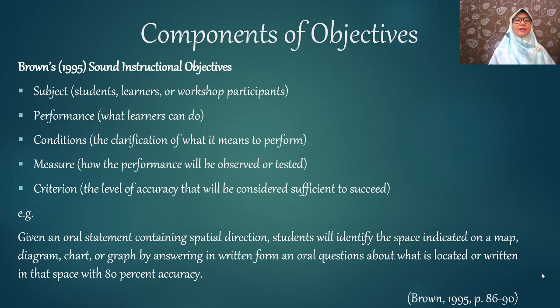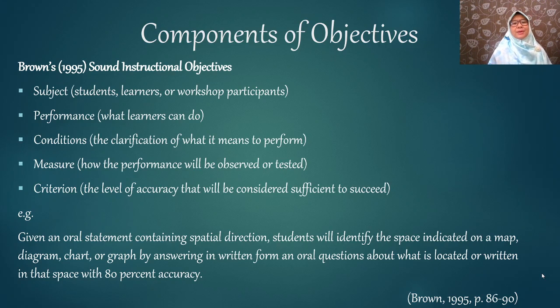Subject covers the students, learners, or workshop participants. Performance refers to what learners can do. Conditions refers to the clarification of what it means to perform. Measure refers to how the performance will be observed or tested. And the last, criterion, refers to the level of accuracy that will be considered sufficient to succeed.